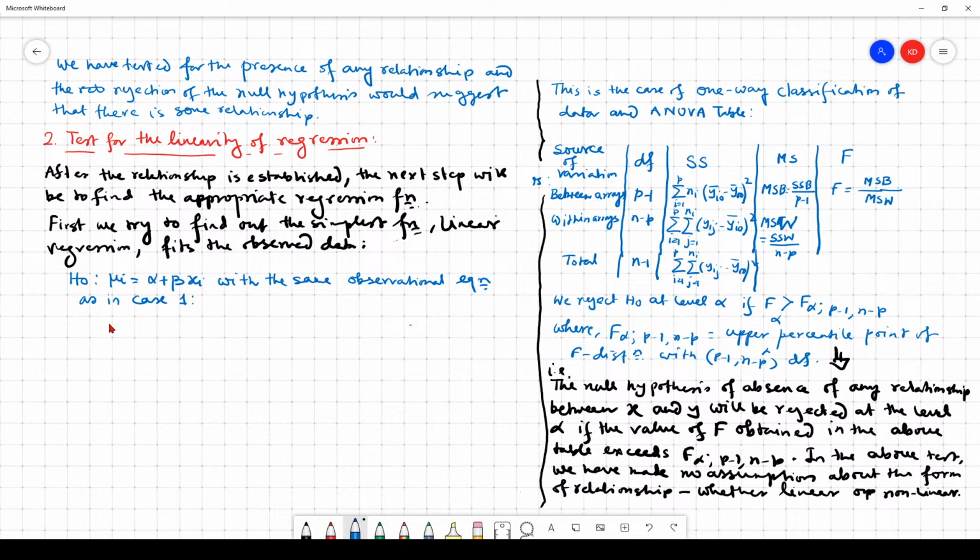So the model is Yij equal to mu i plus Eij.